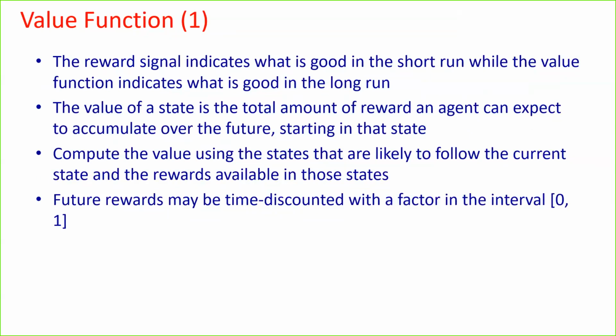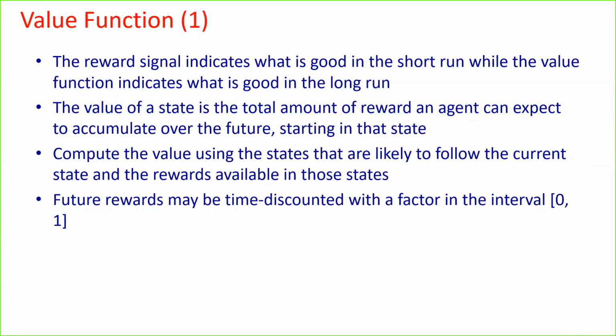If you are at a particular state and take a particular action, it also estimates the possible actions from the next state onwards, and then estimates the cumulative reward from the current state itself. It computes the value using the states that are likely to follow in the future, and then estimates the cumulative reward.